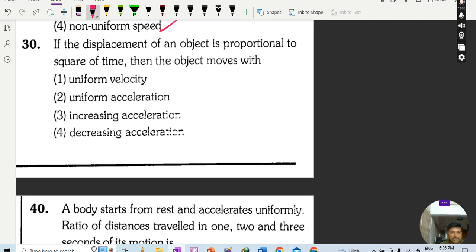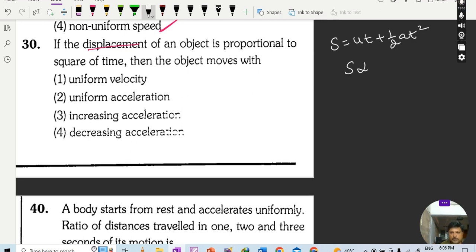Next here, my dear, 30th question. If the displacement of an object is proportional to the square of time, then the object moves with. Here displacement is equal to ut plus half a t square.